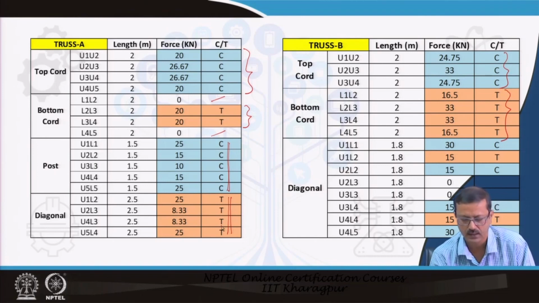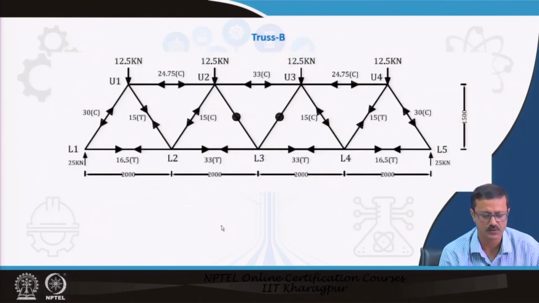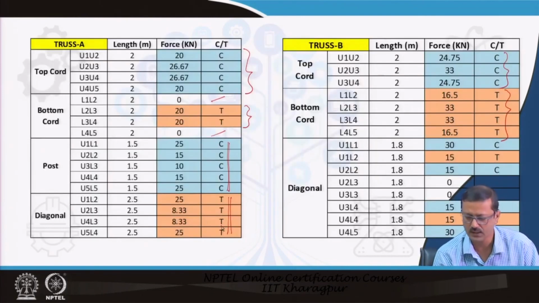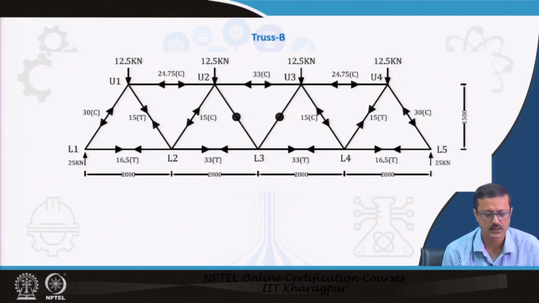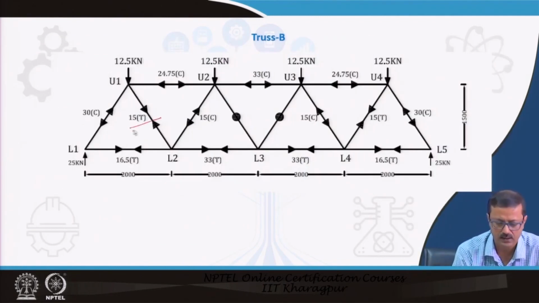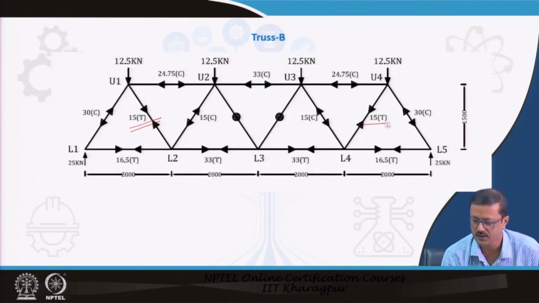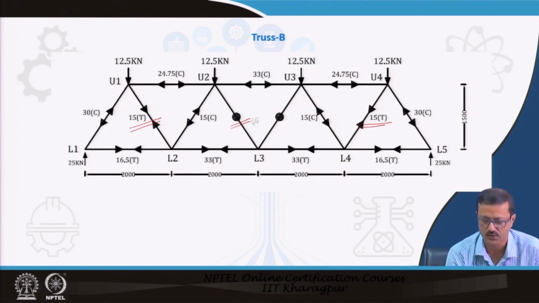Let us see here, it does not have any posts because all are diagonals. So, in that there is a mixed variety, and if you go to this, you will see there is tension in this, there is 0 almost over here, and there is alternate compression.